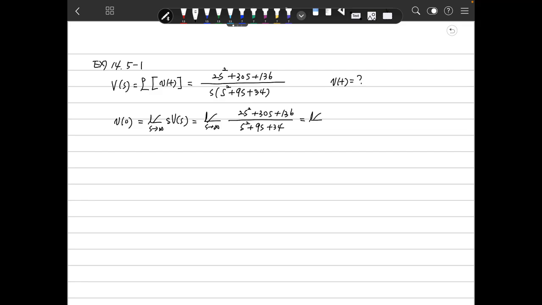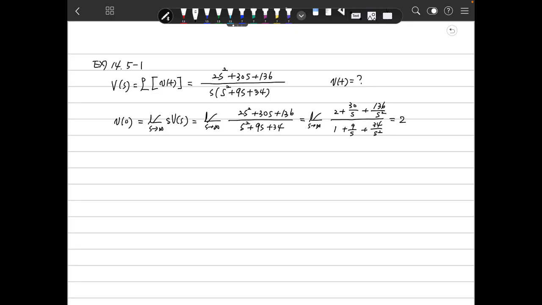It will be, as s goes to infinity, (1 plus 9 over s plus 34 over s squared) over (2 plus 30 over s plus 136 over s squared).